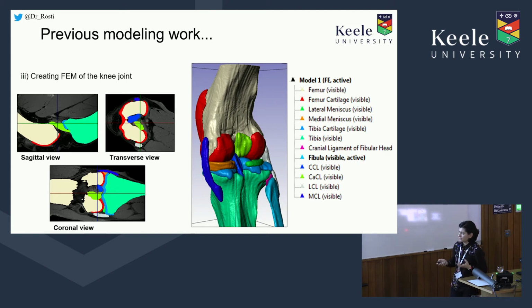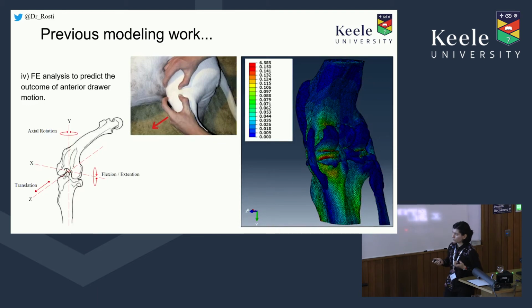And once I had created this, I had to change it. This is basically useless for engineers because it's just a model, beautiful, but it doesn't do anything. So I had to change that into a finite element model using software, apply certain loading to the joint, and look at what the impact of it would be. This is a picture of my supervisor.